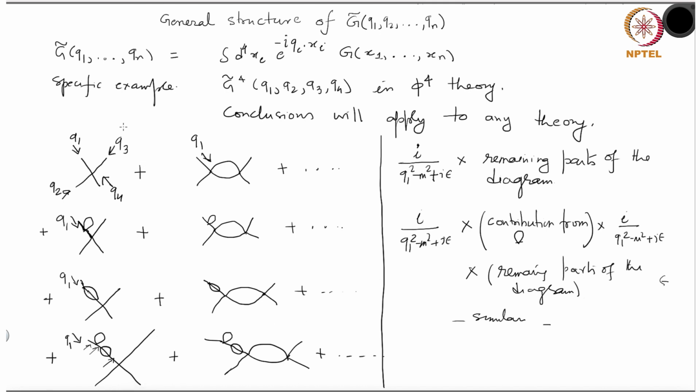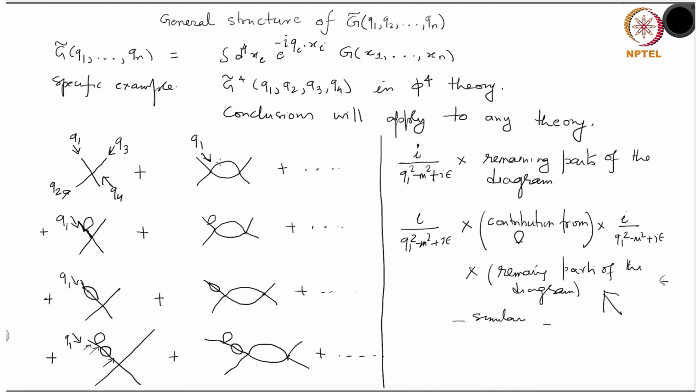Now, if you sum up the first column, you can factor out i over q1 squared, and you can factor out the remaining parts of the diagram, because the way I have organized it, all these 4 diagrams have identical contribution for the remaining parts of the diagram which I have written here.